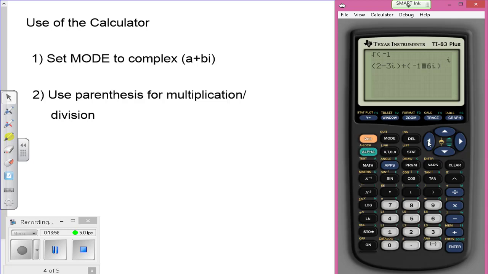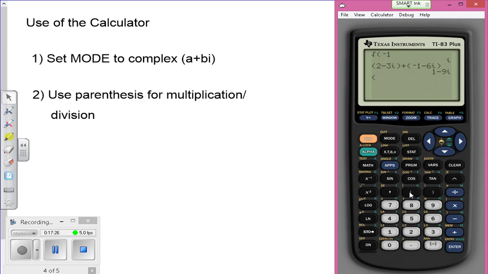One thing I will say here, notice the difference between the negative symbol and the minus. This calculator differentiates between the two, so if you put a minus where you mean to put a negative, you'll get an error message. Eventually you get used to it, but it takes a little bit of time. So it just takes the real parts and imaginary parts and combines them as it should.